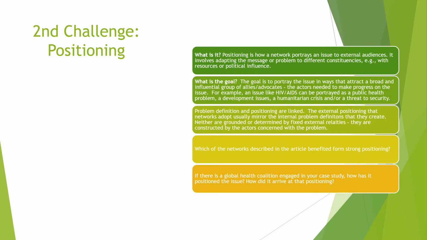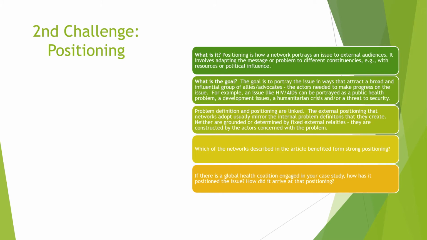The second challenge is known as positioning. Positioning is how a network portrays an issue to external audiences. It involves adapting the message or problem to different constituencies with resources or with political influence.